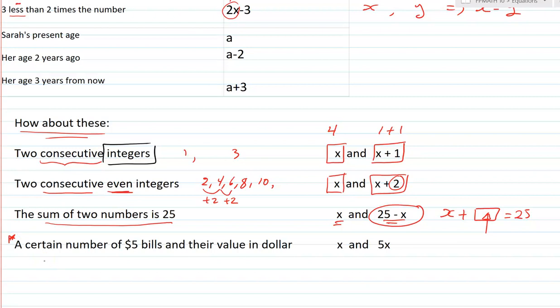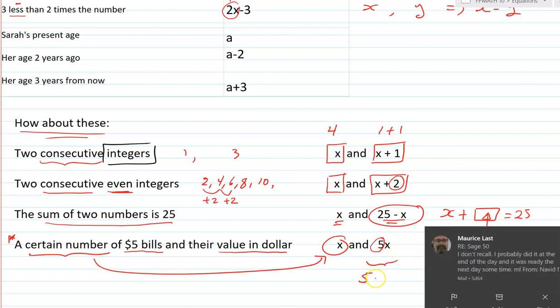Another form of words into expressions is a certain number of $5 bills and their value in dollars. So first of all, certain number, we call that x. And we have to say $5 bills. Okay, so what is that? The $5 bill is the 5 in front, and then we want to know the value of it.